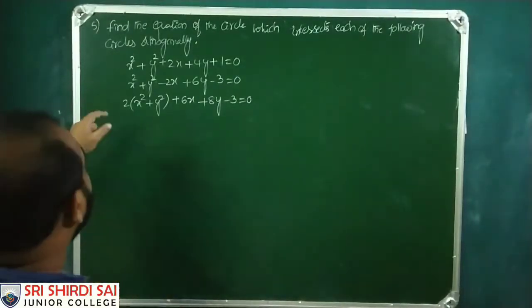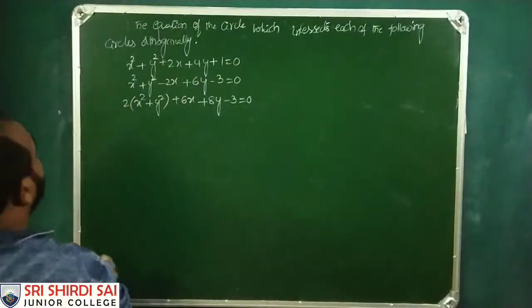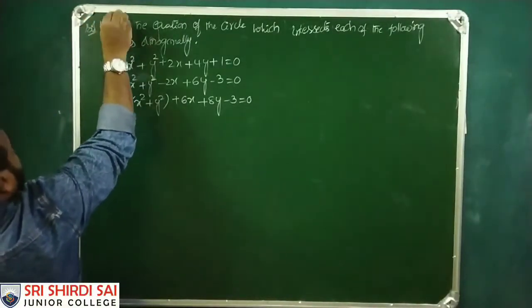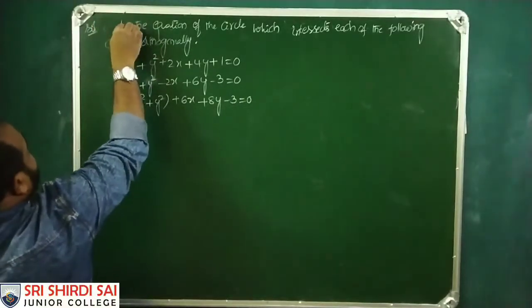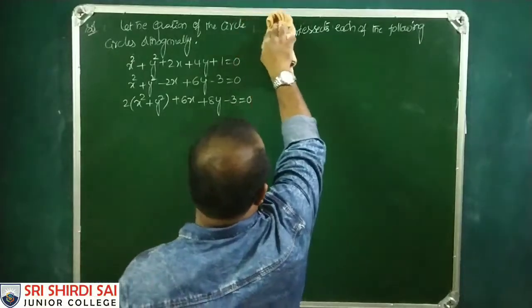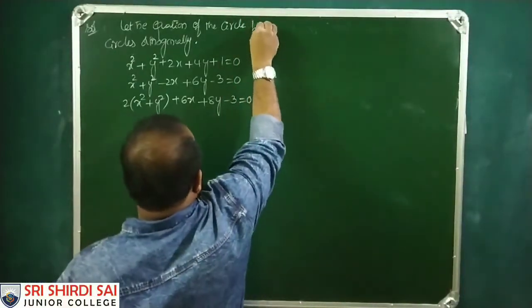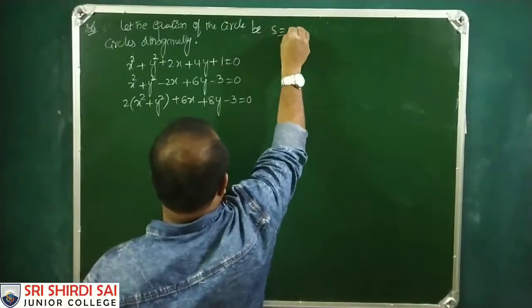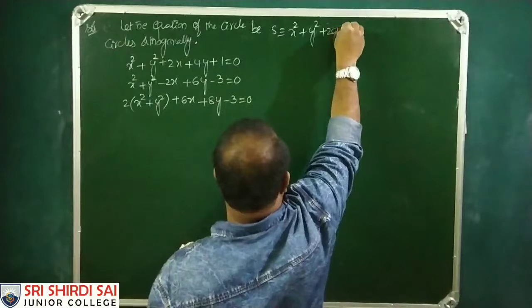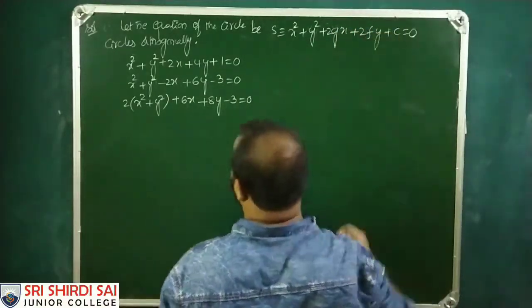Now find. Let the equation of the required circle be S: x square plus y square plus 2gx plus 2fy plus c equals to 0.